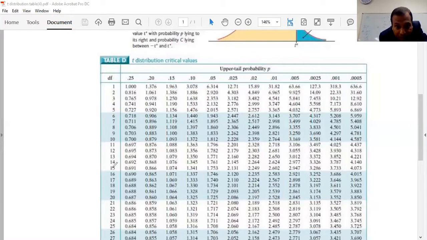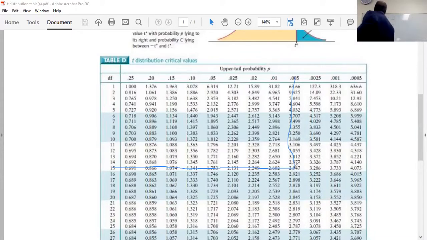So with the 15, 0.005. So it will go here. 2.947. Okay, so 0.005 over here, 2.947.